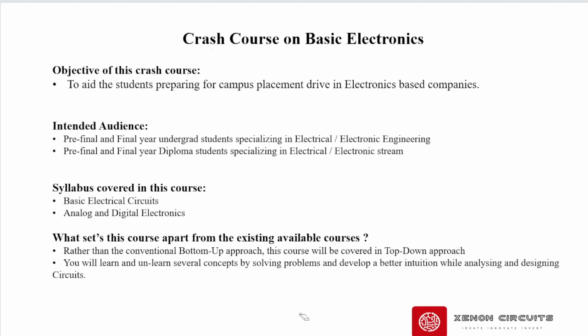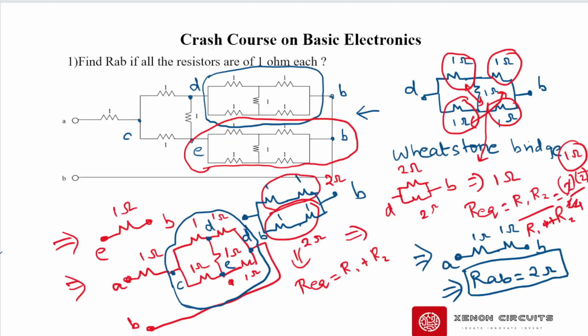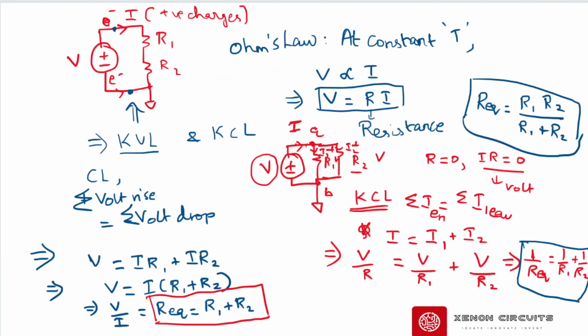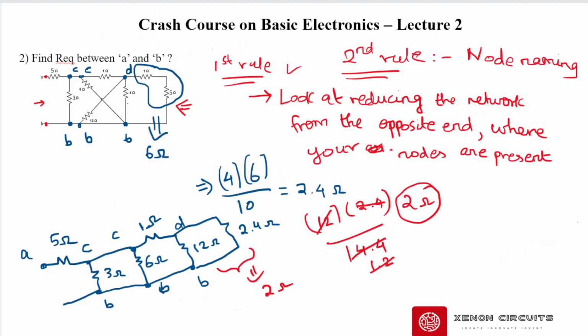So far we have covered 3 lectures in this series and this will be the 4th lecture. In the 3 previous lectures, we covered the basic concepts of finding equivalent resistance across series and parallel combinations of resistors, the concept of Wheatstone bridge or the balanced bridge, the concept of KCL, KVL, Ohm's law, and naming the nodes in finding the R equivalent.